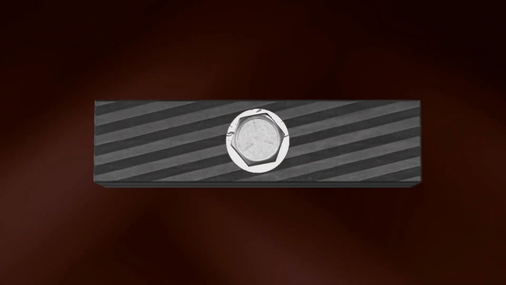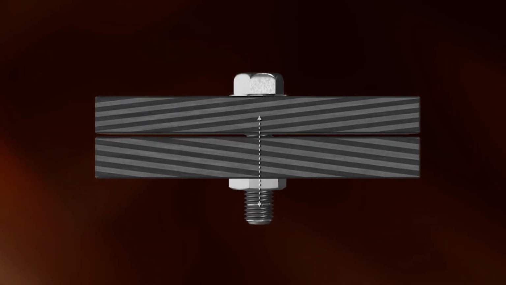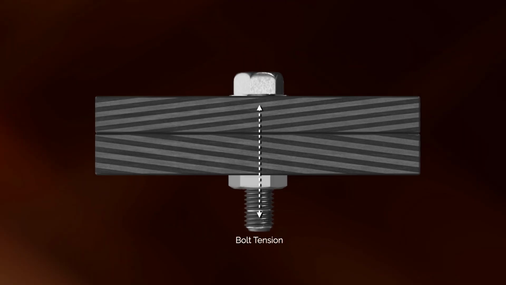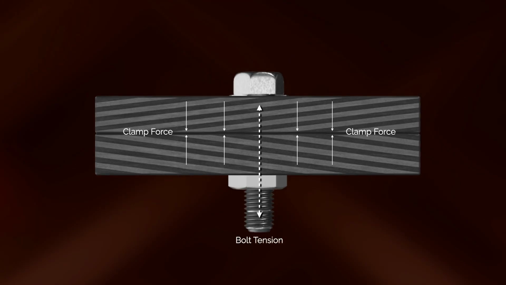This animation will help to explain what we're looking at, with a bolt, a nut and our threaded fastener. As we apply our torque, or twisting force, to the nut, that stretches the bolt, giving us our bolt tension and causing the two pieces to come together.